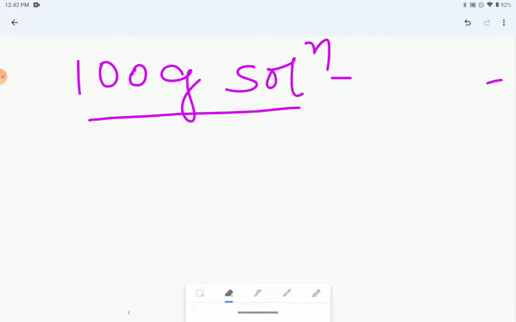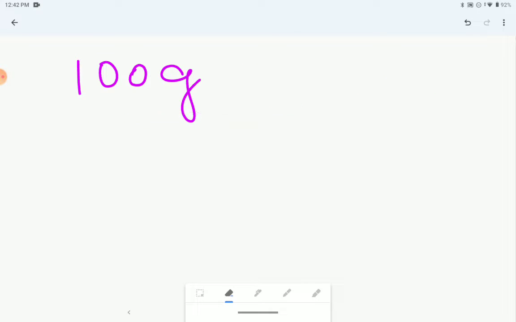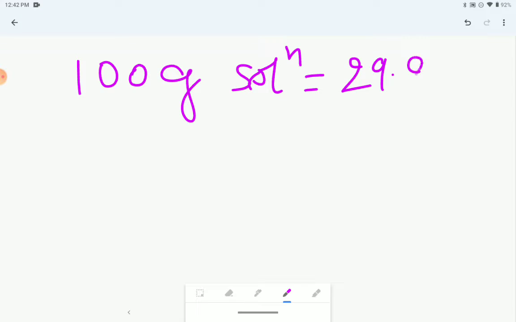Now here, in 100 gram solution, it was given that 29.2 weight by weight percentage of HCl. That means in 100 grams of solution, 29.2 grams HCl is present.